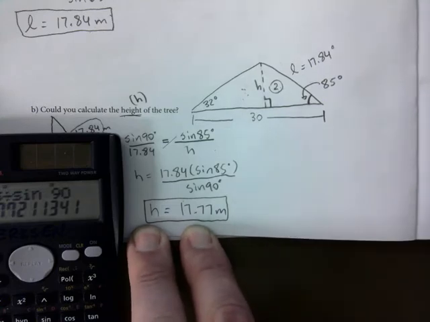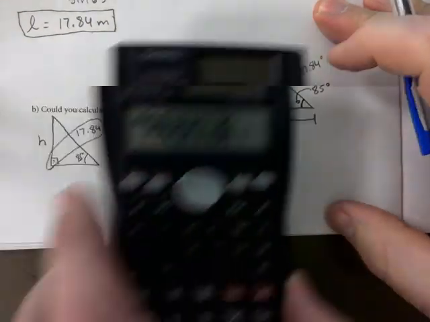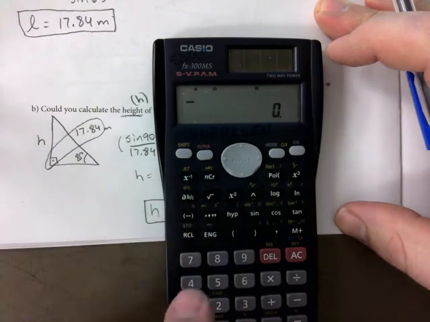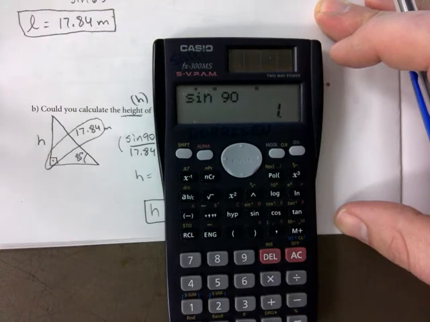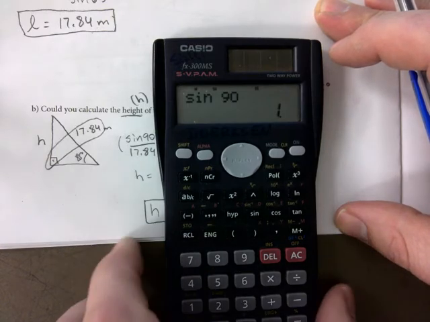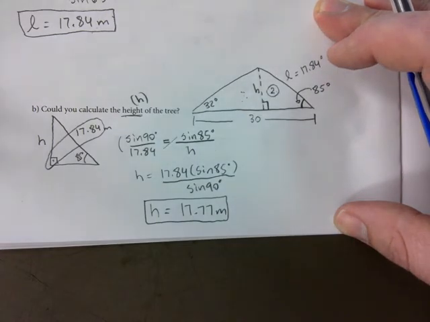But if you want to know how high off the ground it is, then this is what you're after. Everybody press sine of 90, or some of you need to press 90 sine. You get 1, right? So that's why when we divide by sine of 90, nothing happens, because you're dividing by 1.